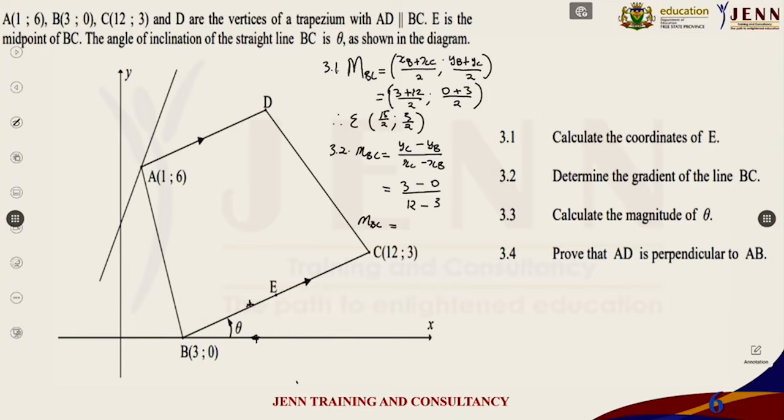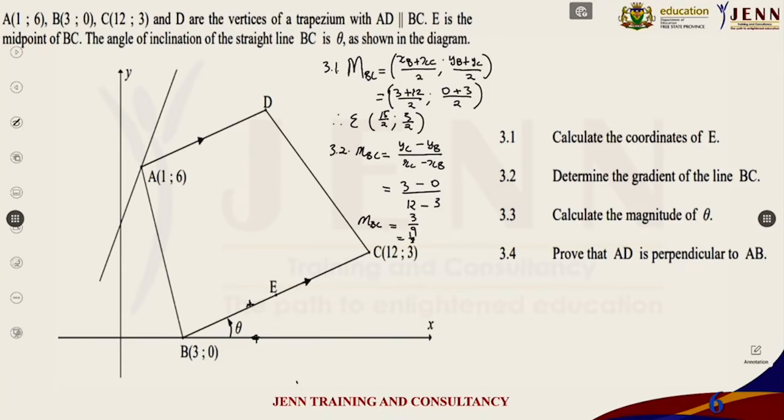Let us look at it. Did we substitute correctly? The y coordinate of C is 3, yes. The y coordinate of B is 0. The x coordinate of C is 12. The x coordinate of B is 3. So 3 minus 0 is 3. Then 12 minus 3 gives us 9. So we have 3 over 9, which gives us 1 over 3.